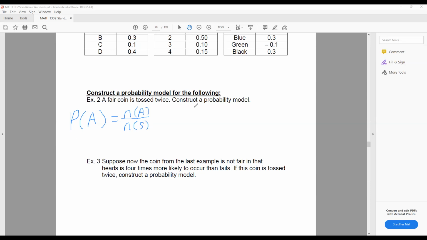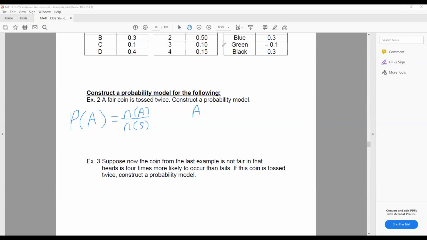So in this case, A is a coin toss or flip. Well, actually, they're not asking anything specific.